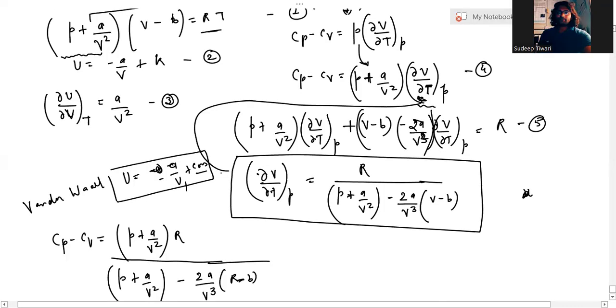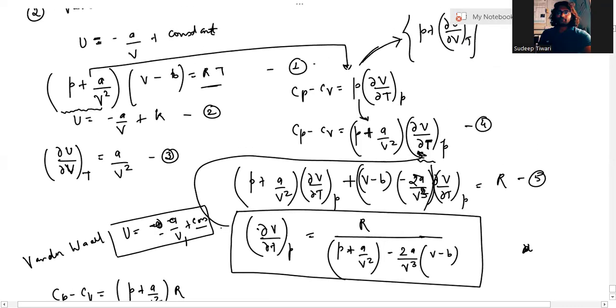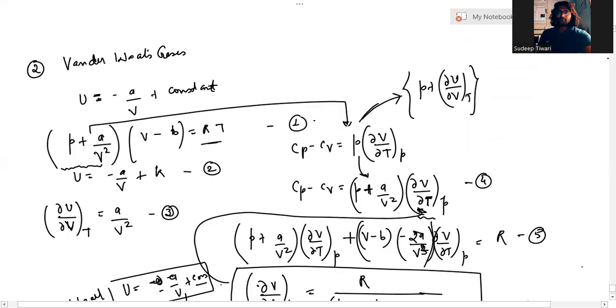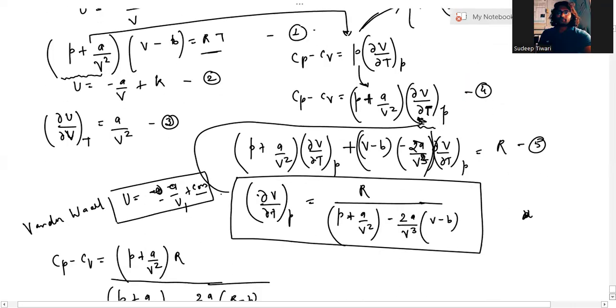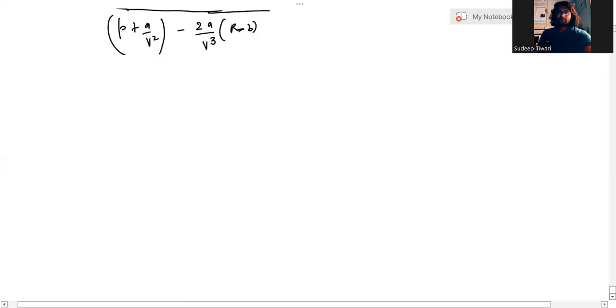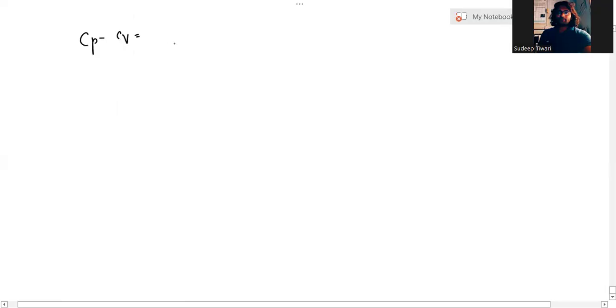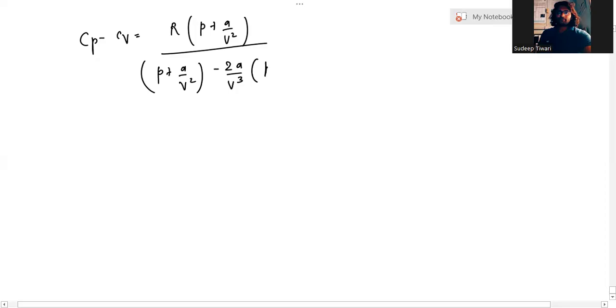So that term would be added here. So I hope it is now clear. So this will be your new term. Now a little bit of approximation can be tried. So Cp minus Cv, I'll write it here, turns out to be R (P plus A by V square) divided by (P plus A by V square minus 2A by V cube), and then you have again (V minus B).